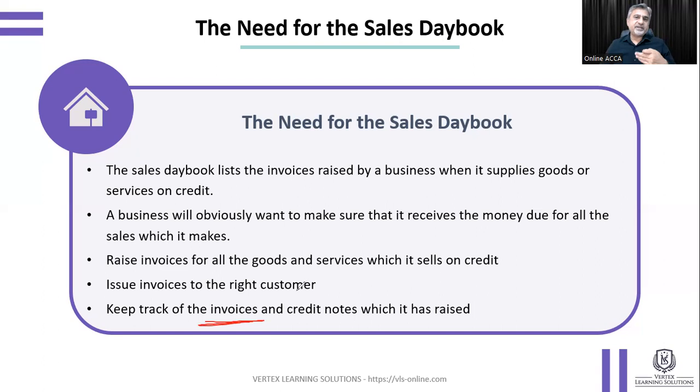Once these invoices are issued, end of the month, then Alpha Company will keep a track because when they send me the invoice after 1 month, they said you have to pay us within 15 days. And now they are waiting for the money. And then invoices and credit notes.